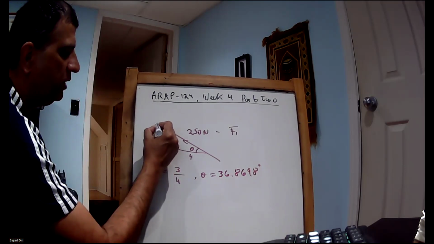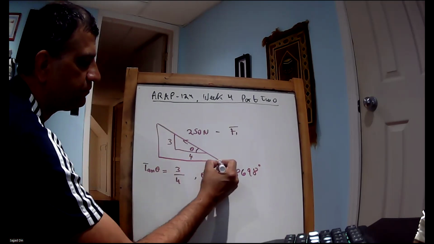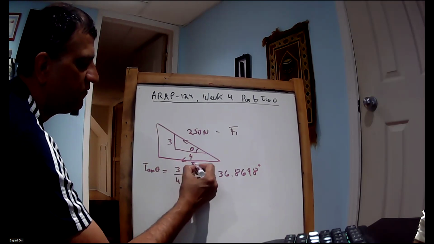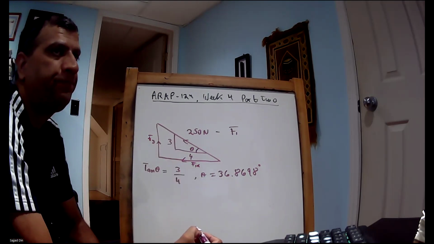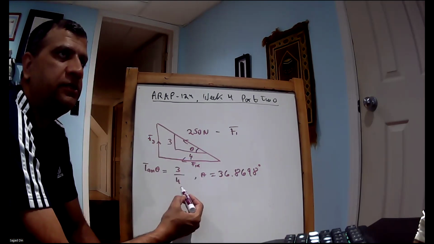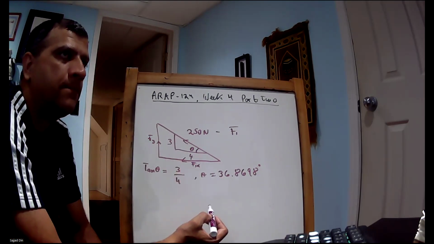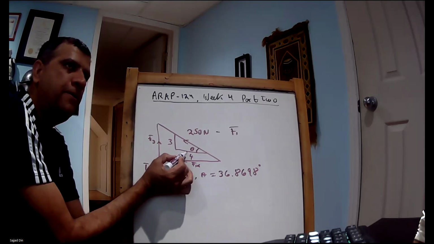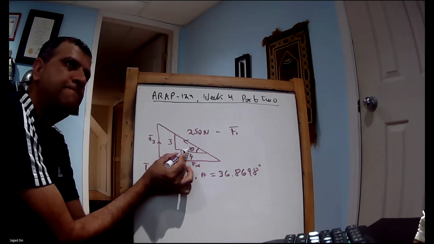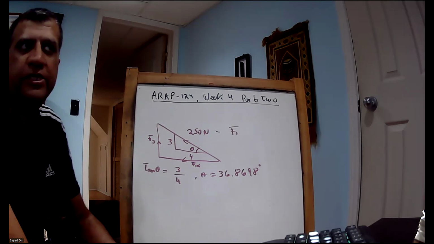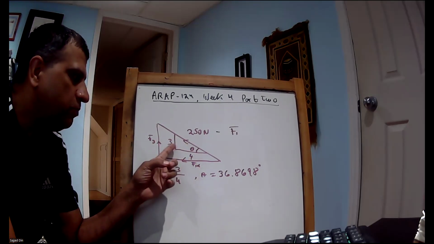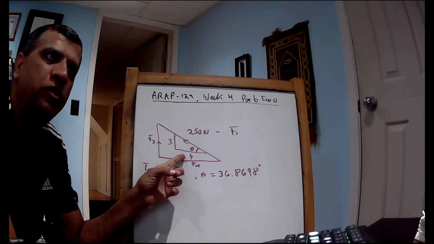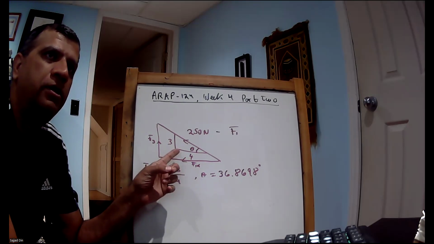Good. So now what we're going to do is get F1x and F1y. How did I get this? Because I used the slope. The slope allowed me to determine what theta is. Is everybody clear on that? If you're not given any other information, with the slope, rise over run, you can determine theta.